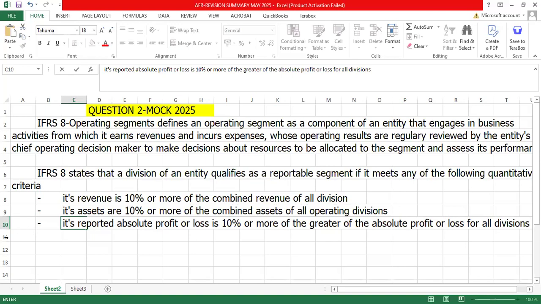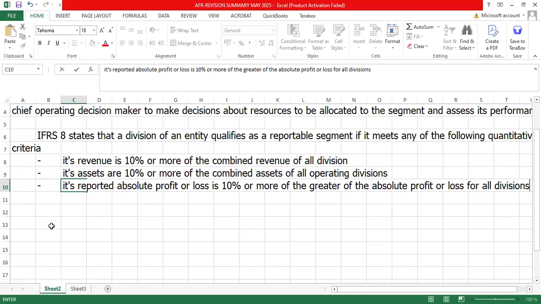So those are three conditions, and if a division meets one criterion, it will qualify as a reportable segment. You don't need it to meet all the criteria.